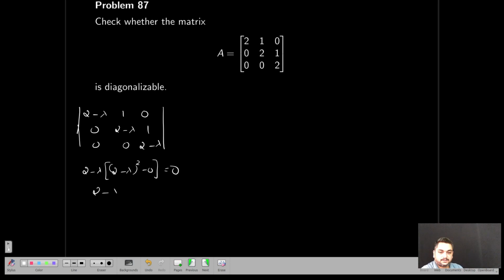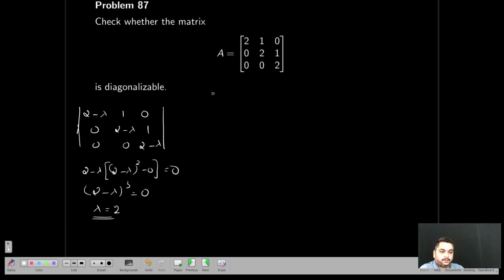So (2 minus lambda) whole cube equal to 0. Lambda equal to 2. Now, there is only one eigenvalue possible for this matrix. So we have to check whether it is diagonalizable or not. There should be at least 3 eigenvectors, but let us check anyhow.